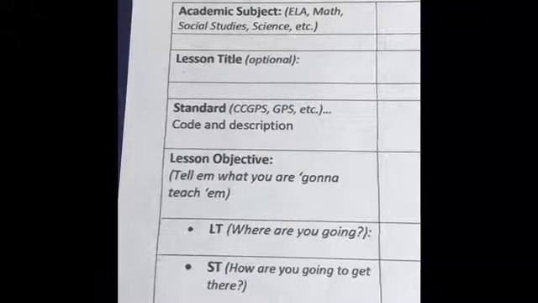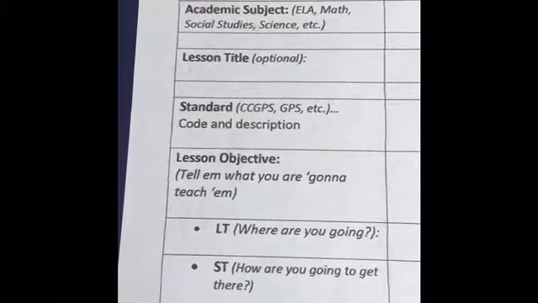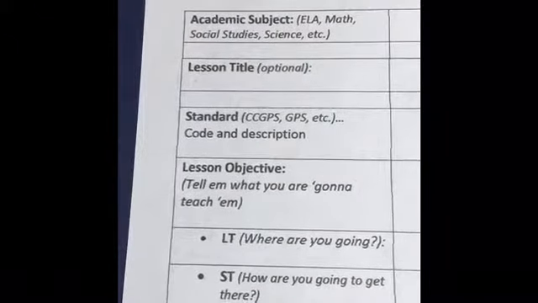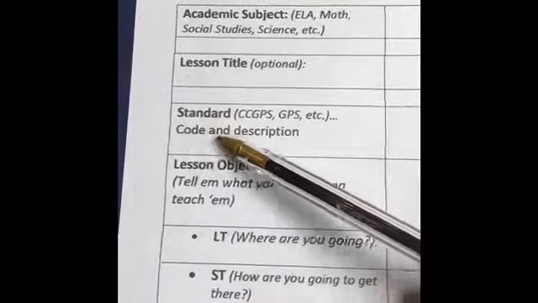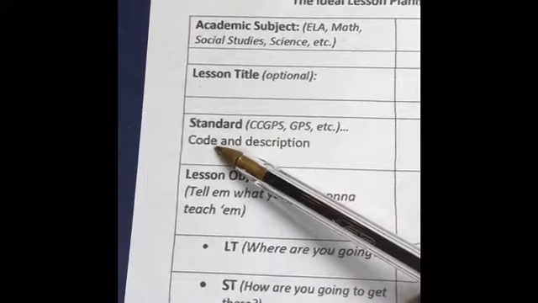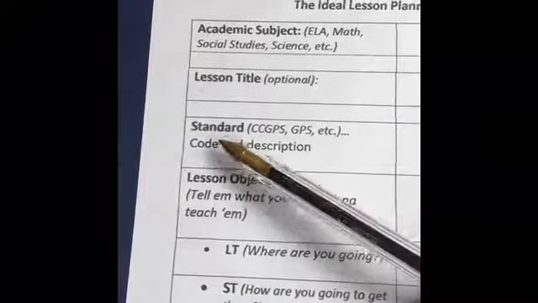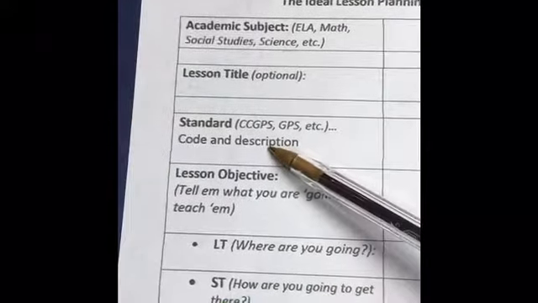I taught in the state of Georgia, so I had Georgia Performance Standards or Georgia Standards of Excellence. So just use whatever applies to your state. But be sure you list the specific code, because you'll want to put that into your roll book by the specific code that it goes by. And it helps to have a brief description of what that particular standard's about.